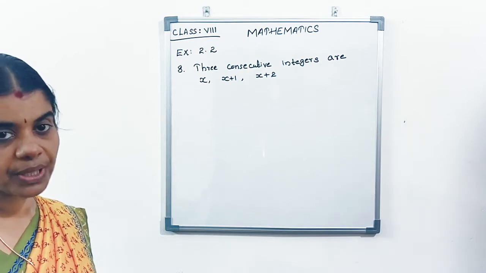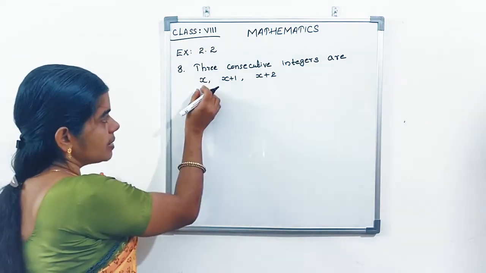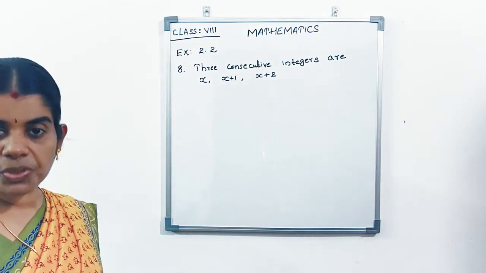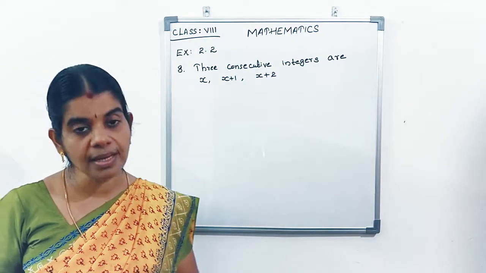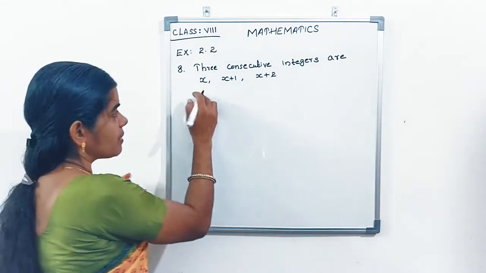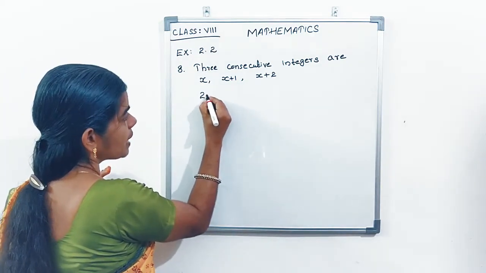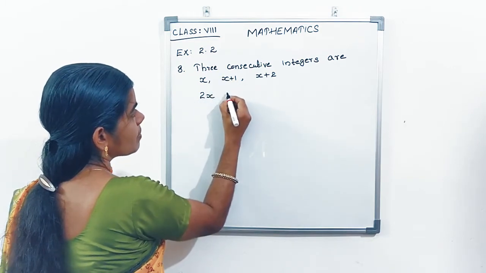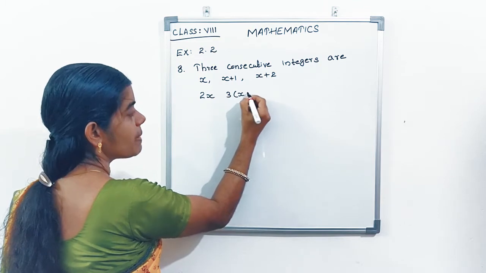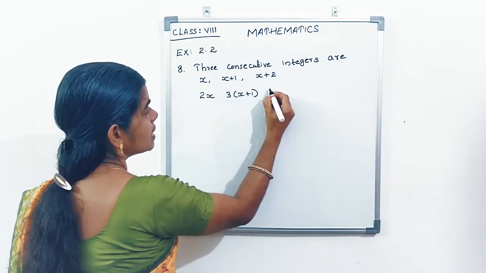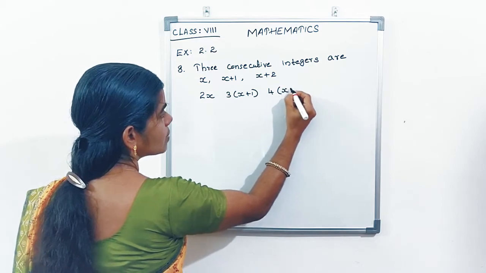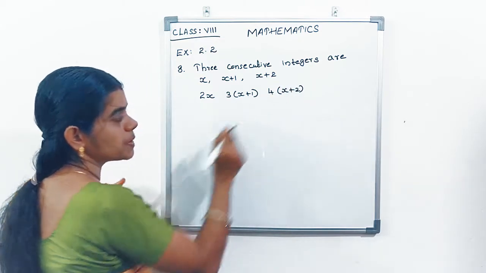The first number is multiplied by 2, so 2 into x. The second number is multiplied by 3, and since two terms are there, we put a bracket. The third number is multiplied by 4, and here also we put a bracket.